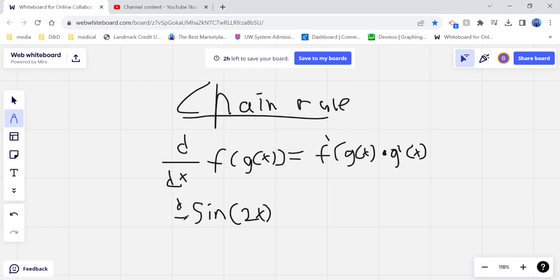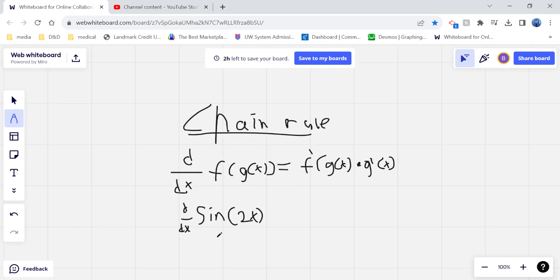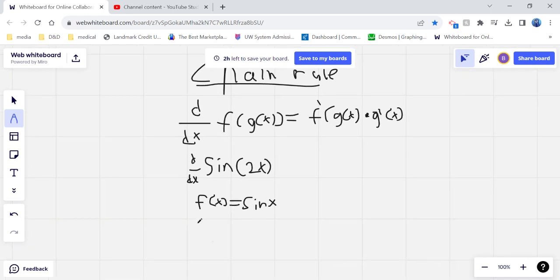So if we take the derivative of this, let's give some definitions here. So f of x equals sine of x, right? And we said g of x equals 2x.